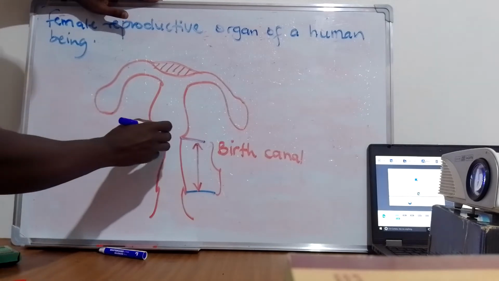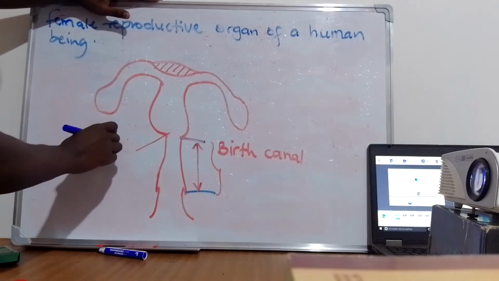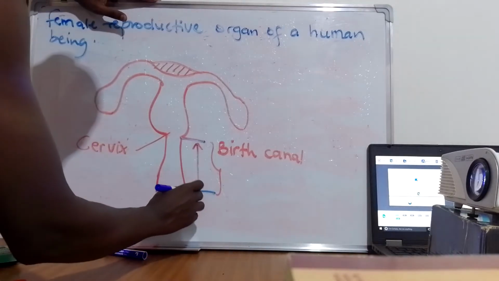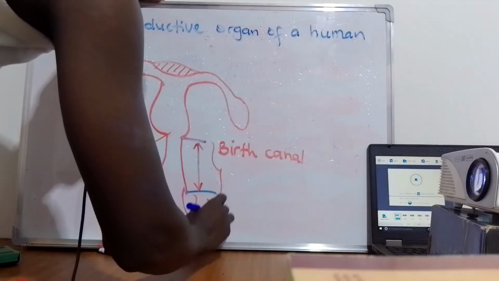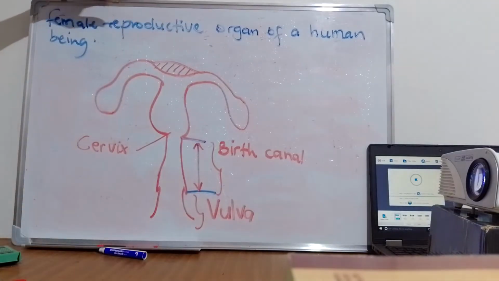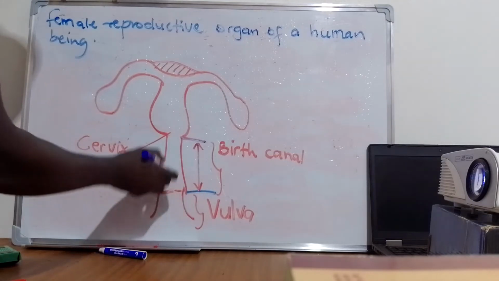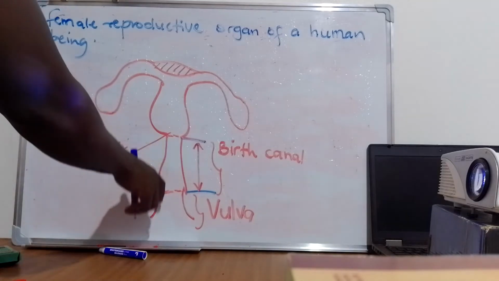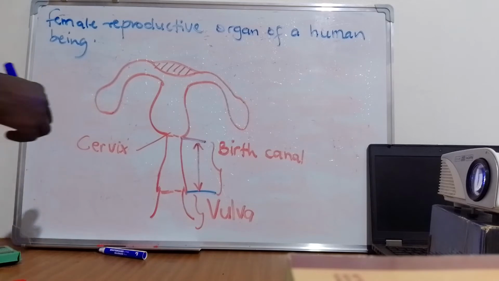It runs from this spot that we call the cervix up to this very big muscle called the vulva. So from this point to this point is the birth canal. This is where the baby passes as it is coming out of the uterus.